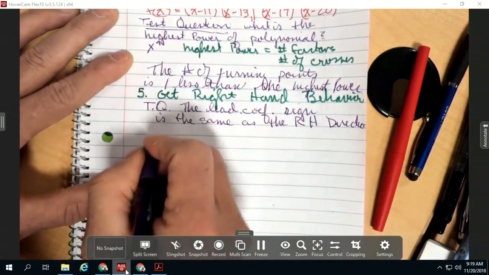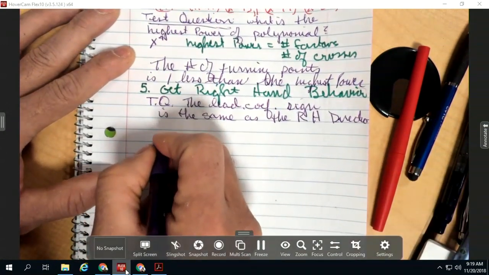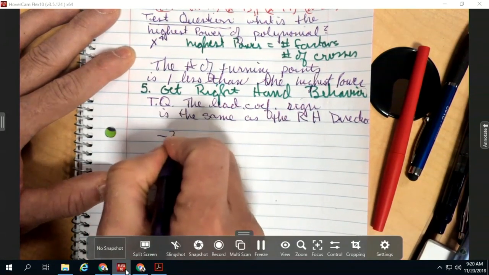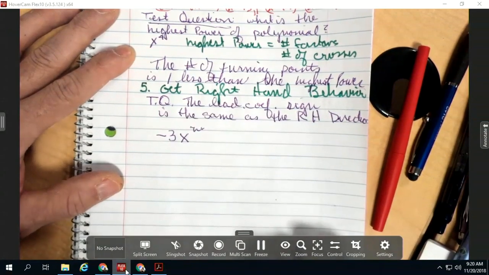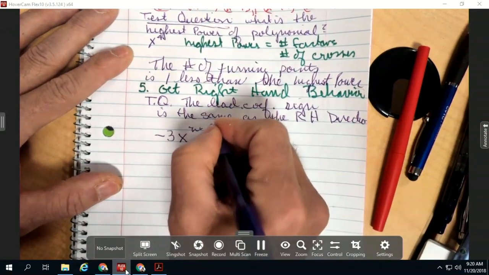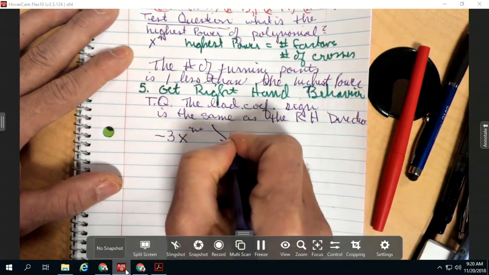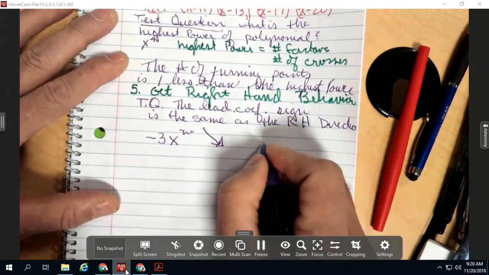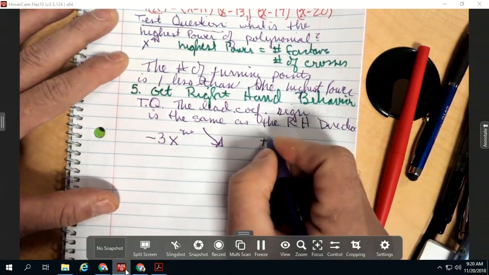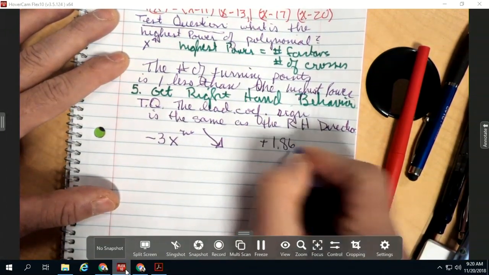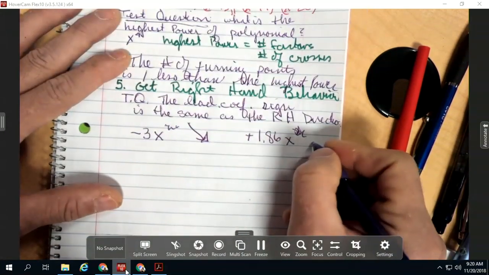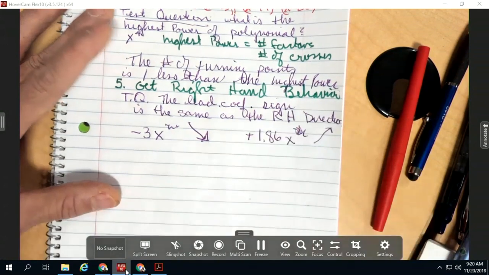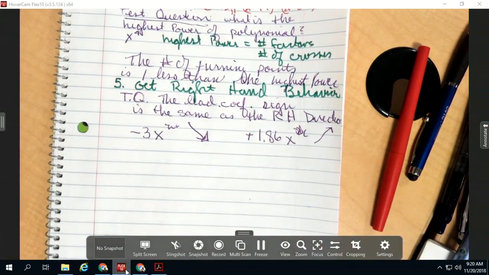Okay? So if you have negative 3 x to the blah, blah, blah, the graph is going to go down. If you have positive 1.86 x to the, the right-hand behavior is going to be up.